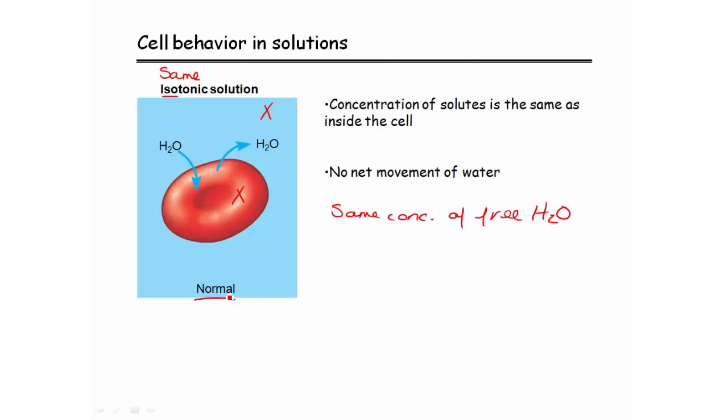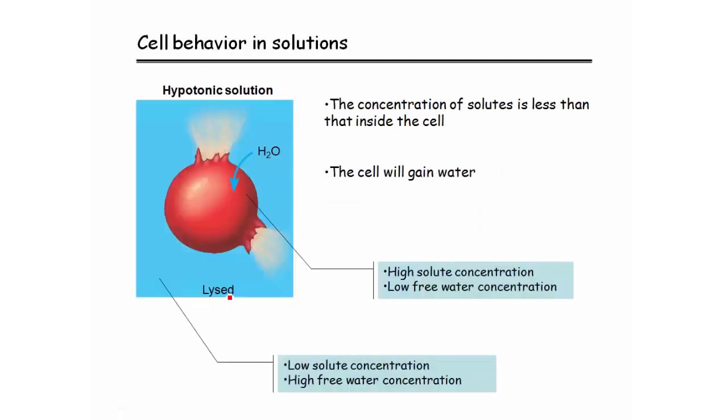Now the next type of solution we want to talk about is what we call a hypotonic solution. And a hypotonic solution, hypo means low. So we're basically saying that we've got a low solute concentration, and keep in mind that solute concentration is inversely proportional to the free water concentration. So if you have a low solute concentration, you have a high free water concentration.